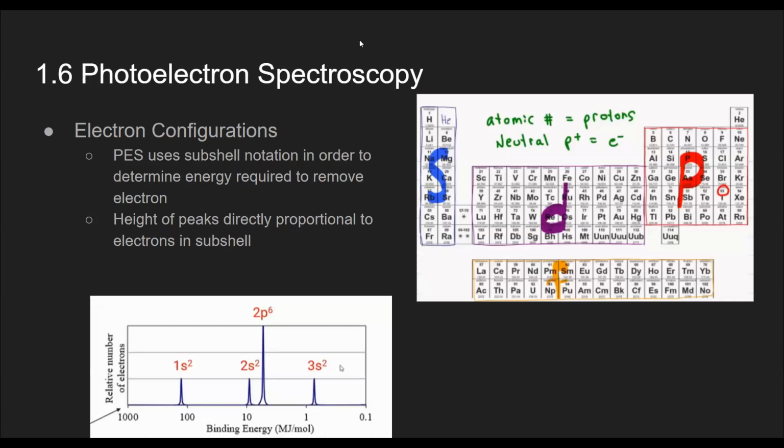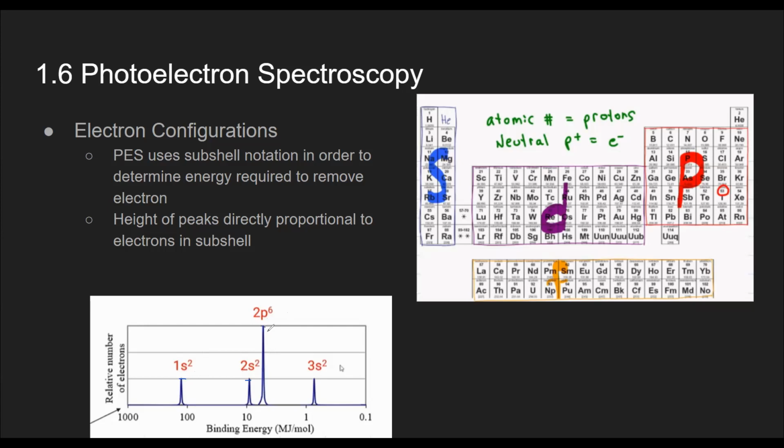So 1.6, photoelectron spectroscopy. So electron configurations. PES basically uses subshell notations in order to determine the energy required to remove the electron. And the height of peaks over here are directly proportional to the electrons in the subshell. For example, you have peaks like this that are smaller, then that basically denotes the S subshell, my bad.